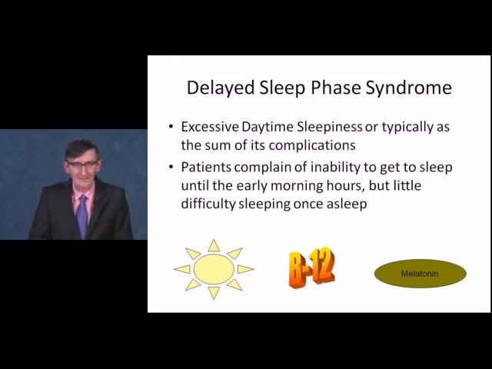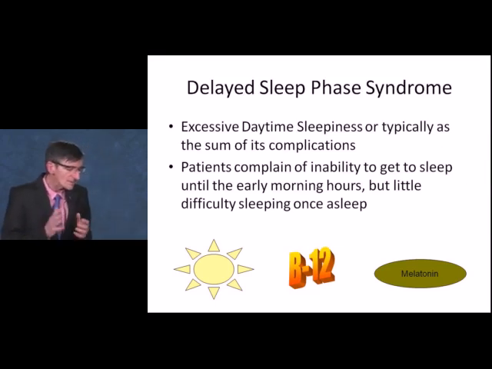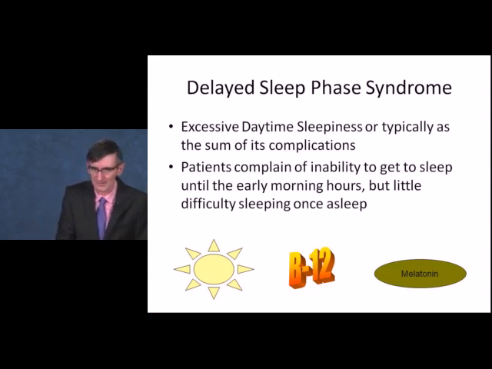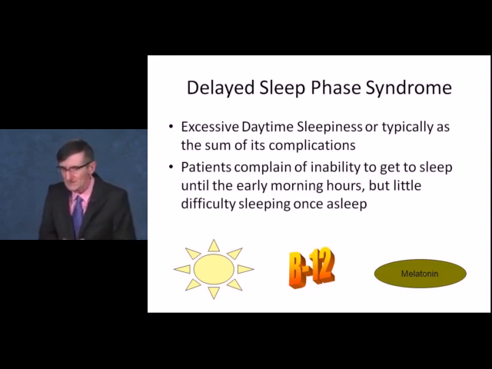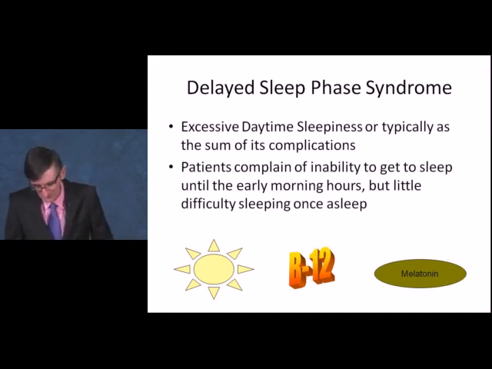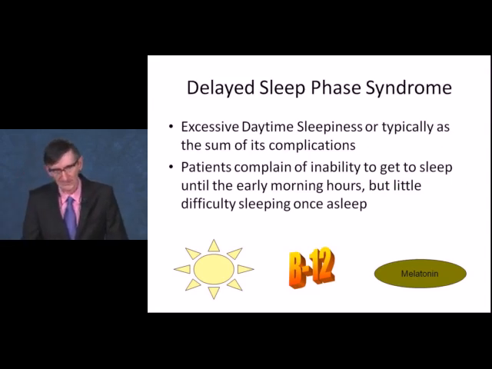Now, what is this phase that normal teenagers go through? It's called delayed sleep phase. It is normal. However, there are some people who have truly pathological delayed sleep phase, and this persists into adulthood.